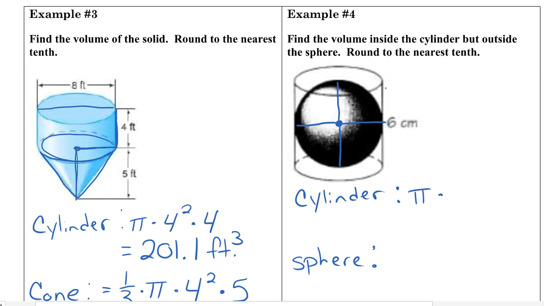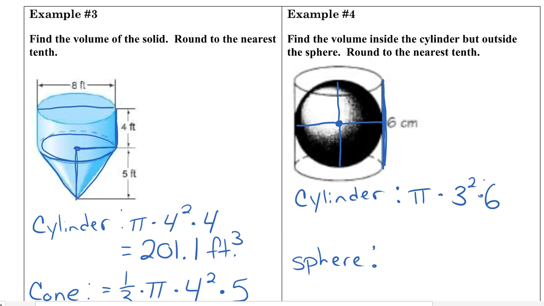So I can see that the height of my entire cylinder is 6, which means that the height from the top of the sphere to the bottom of the sphere is 6. So if I needed to find the radius, I would cut that in half. So it would be 3 squared.